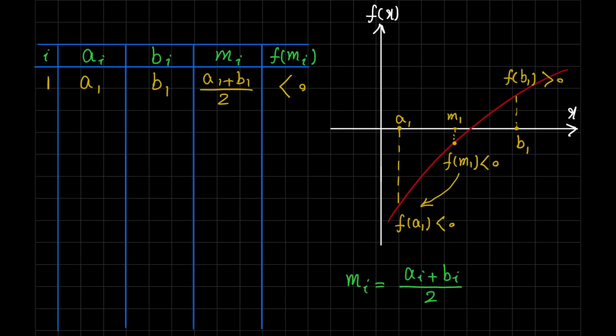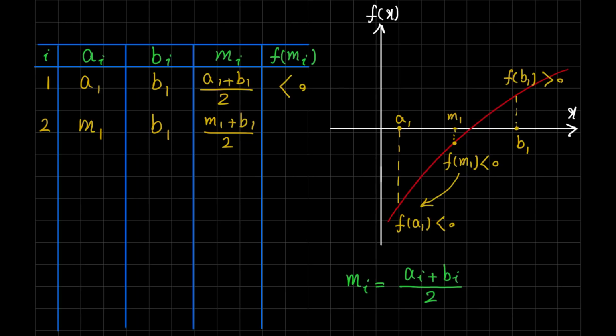So as we can see in the table, for the next iteration, instead of using a1, we use m1, because a1 and m1 gave us the same sign for the function. And the upper end of the interval is the same, b1. So we have a new midpoint between m1 and b1.